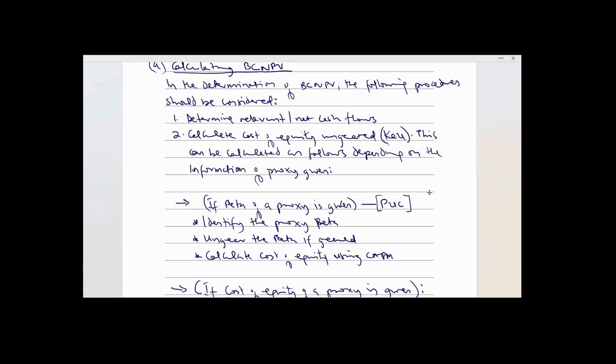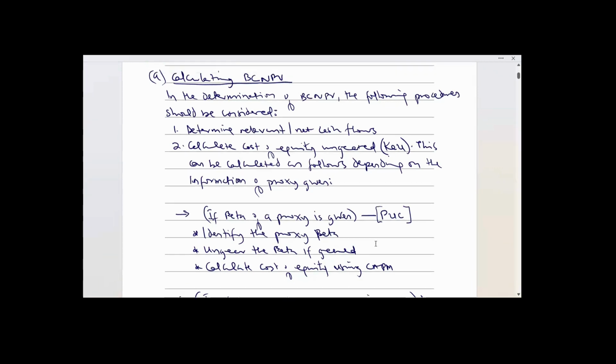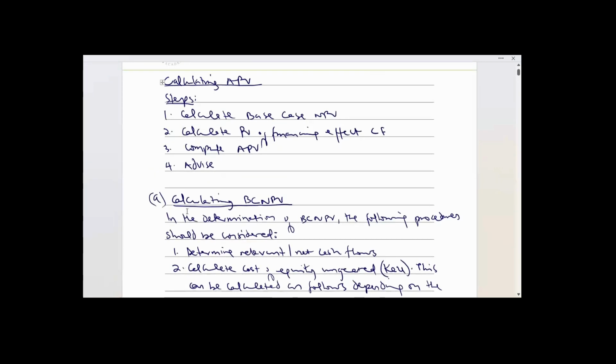So you are going to use cost of equity on gear to discount the net cash flow. That's just the difference, all right? So at this point, we are done with base case NPV. Let's go to calculating PV of financing deferred cash flow.